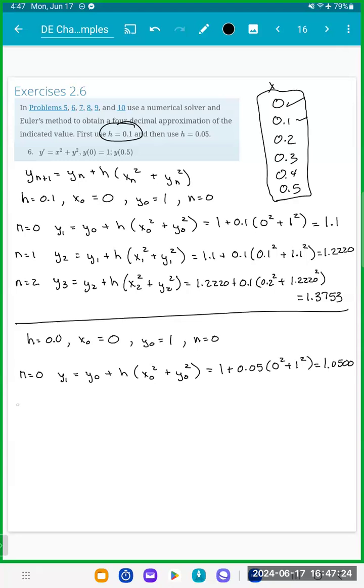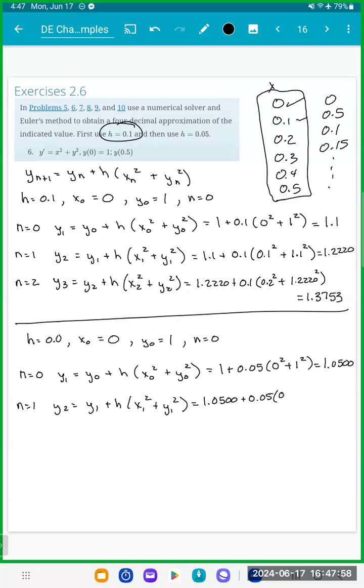Okay. So when I do n equal 1, now I have y2 is equal to y1 plus h times x1 squared plus y1 squared. It's going to give me 1.0500 plus the 0.05 times my x, now the next iteration, we're 0, 0.05, then we're 0.1, 0.15, all the way down.